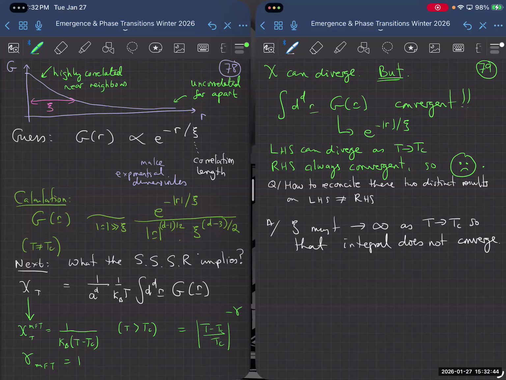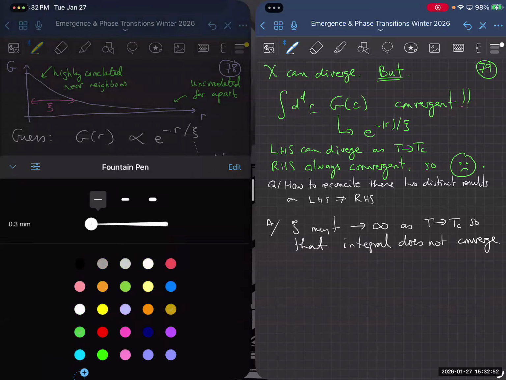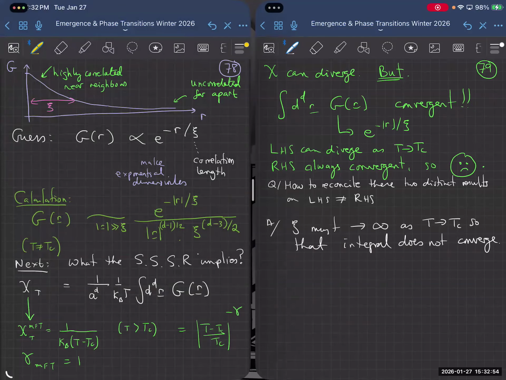And let's think about that, because look at the left-hand side. I was very careful to explain this asymptotic approximation, and I showed you when it is true. It is true when R is much larger than the correlation length. It's the exponential decay.